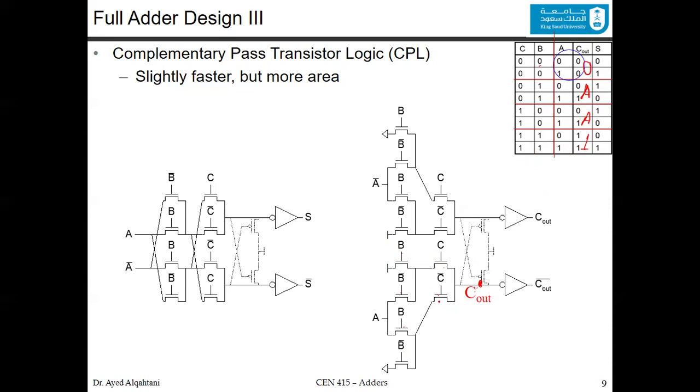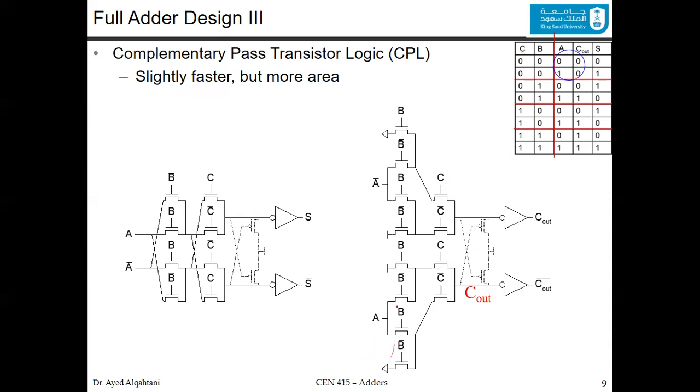And notice that you can do it exactly the same way here, but now you will have the C out bar here. But there is actually a simpler way to do it. Since we chose C and B to be the selectors, we say that this is C bar, C, C bar, C. Again here, B bar, B, B bar, B, B bar, B, B bar, B, one after the other.